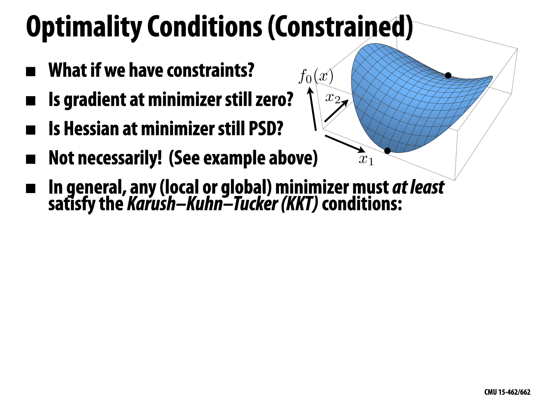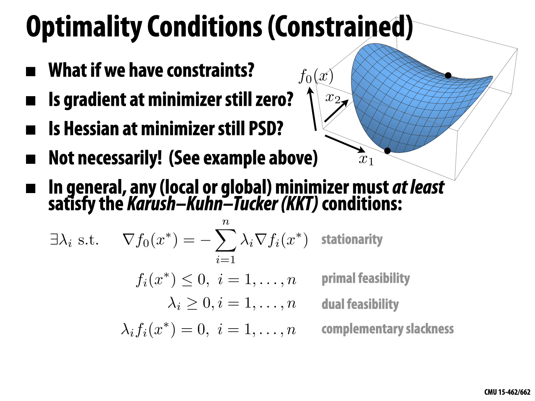Okay, I'll just write these down so you can see at least once what they look like. Okay, here they are. So they get quite a bit more complicated. You see that there still is kind of a first derivative condition in here, but now it involves derivatives of the objective function and derivatives of the constraint.